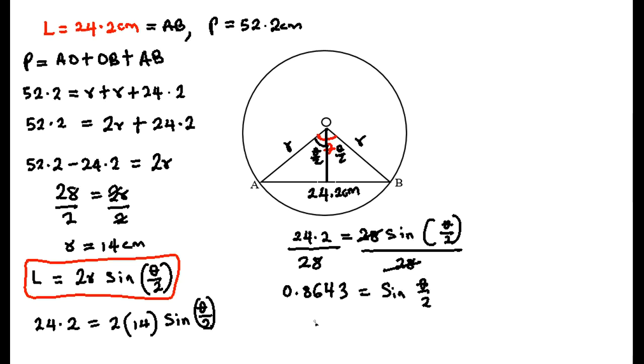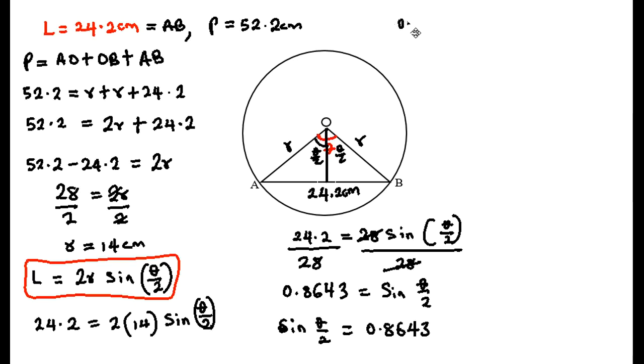So to get this, I will now have to do the sine inverse. Sine theta over 2 is equal to 0.8643. To solve from here, let's take the sine inverse of 0.8643.